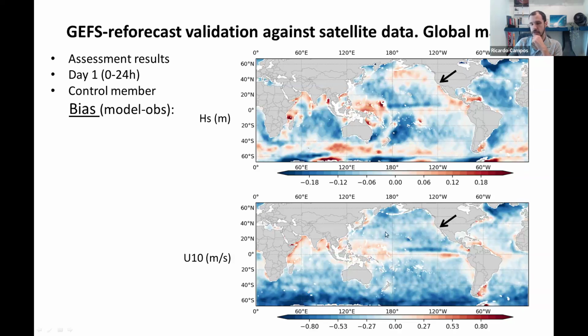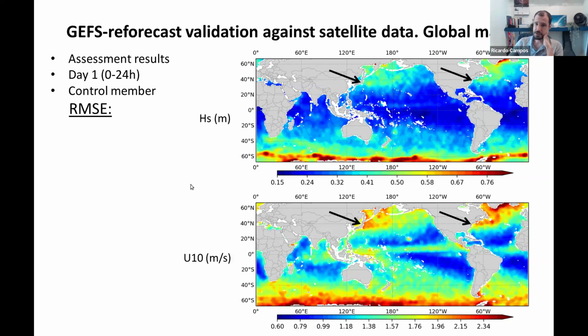field, the wind speed. So it's indicating that probably the propagation of the swell is allowing more energy, propagating more energy throughout the large basin, the Pacific Ocean.